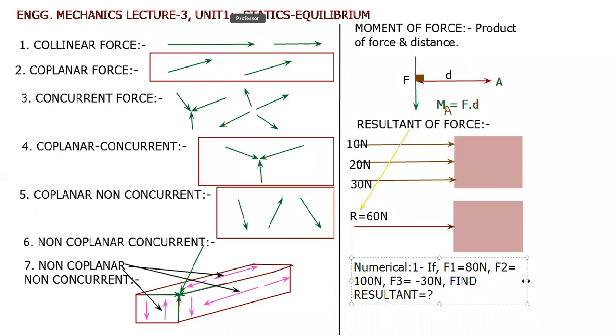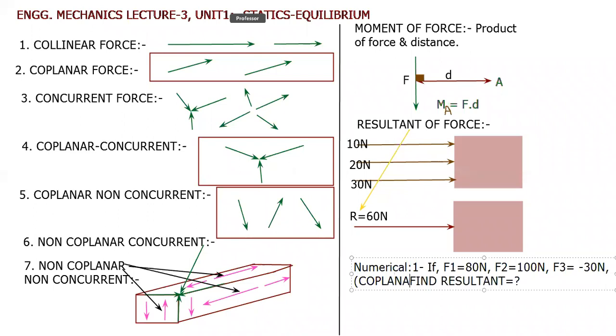Now this is a simple numerical given here, that if your first force is 80 Newton, second force is 100 Newton, and third force is minus 30 Newton, all the forces are coplanar and collinear.